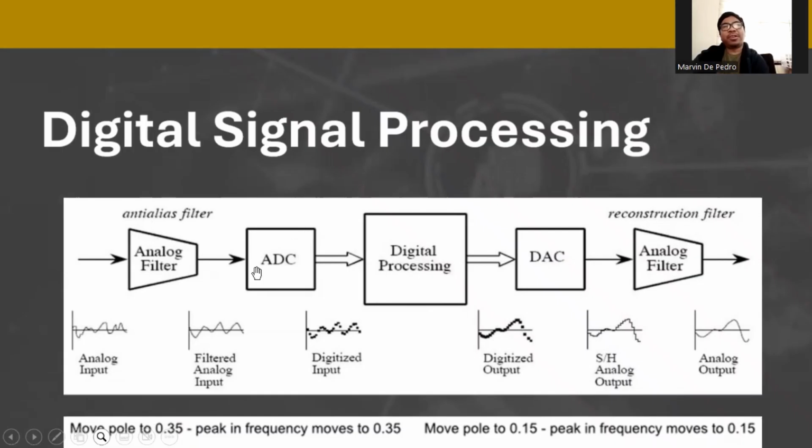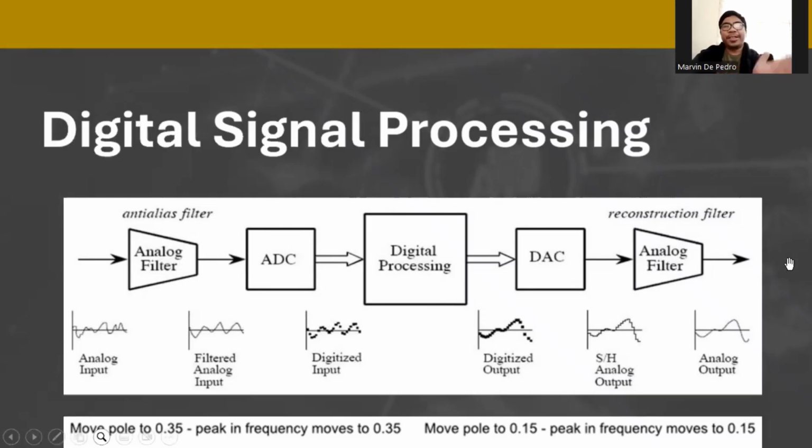We also already mentioned ADC and DAC. We also have two analog filters before and after the conversion. For example, from your microphone, there's an analog filter that helps us overcome the tendency of aliasing. That filter is called the anti-aliasing filter, and remember, that's analog.